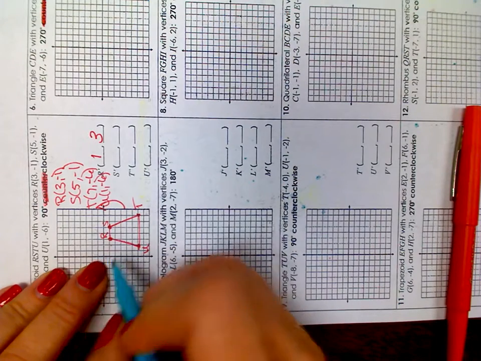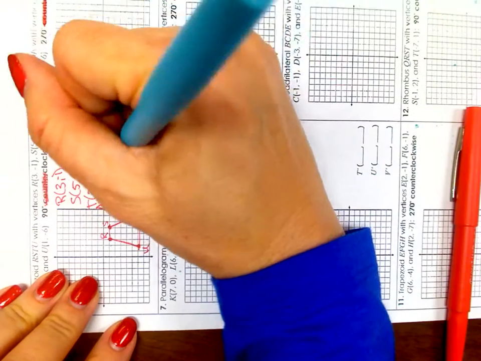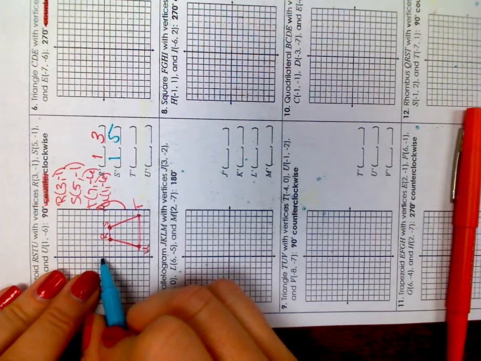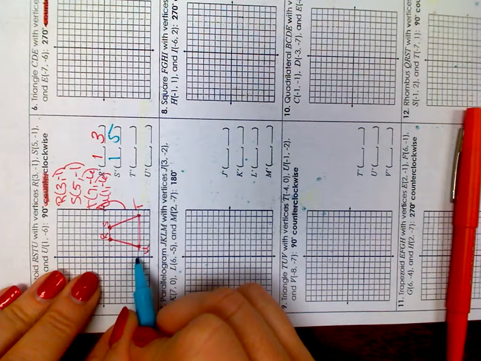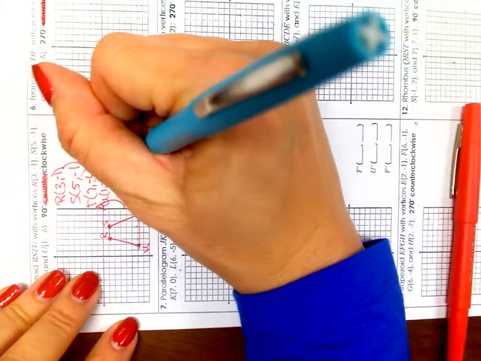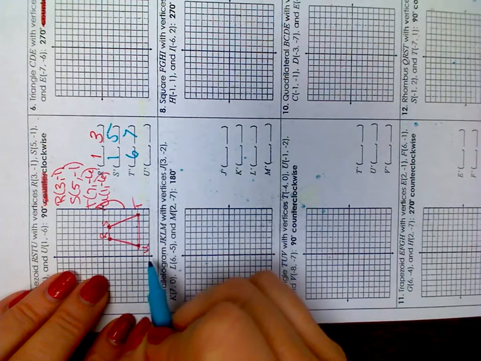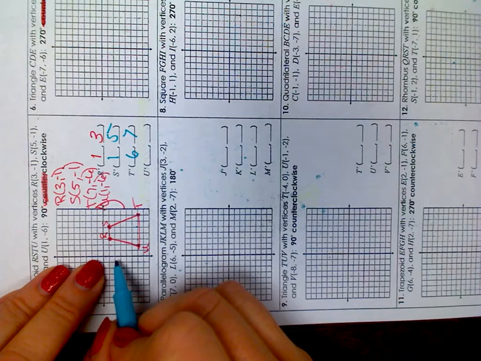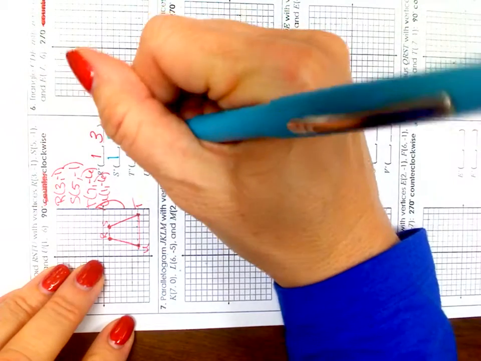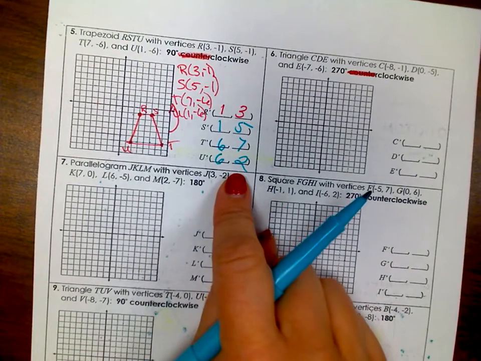Your S prime is going to be 1, 5. Your T prime is going to be 6, 7. And the U prime would be 6, 1, 2. So you turn it back around, and there's your new figure.